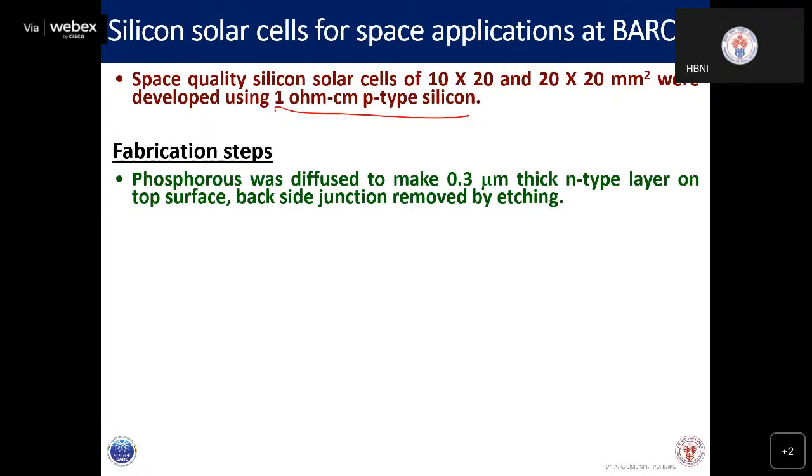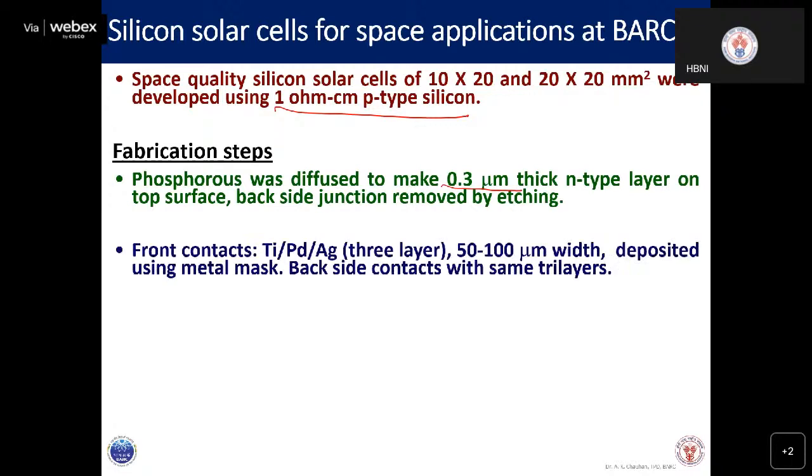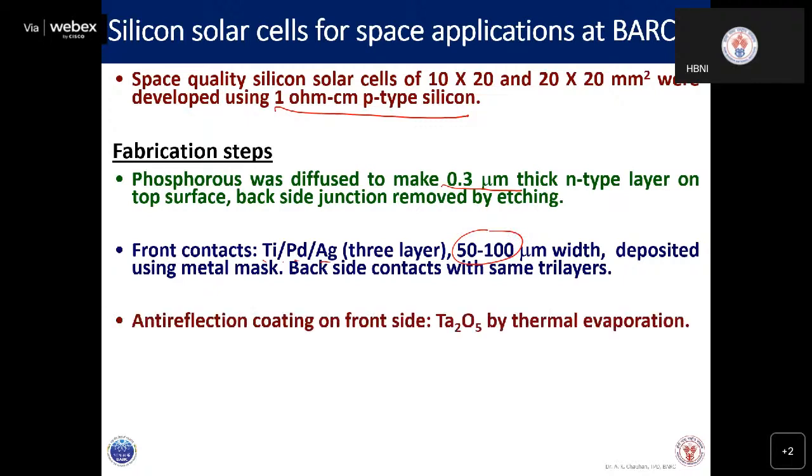This is from the standard documents, and then we followed the fabrication steps where phosphorus was diffused and a 0.3 micrometer thick n-type layer was made on the p-type surface. Then the front contacts were made with titanium, palladium, and silver, three layers, with thicknesses nearly this.